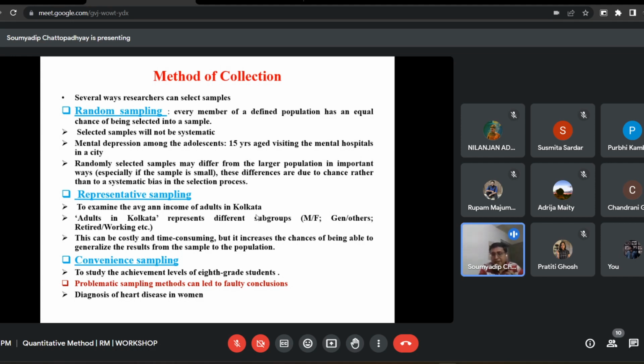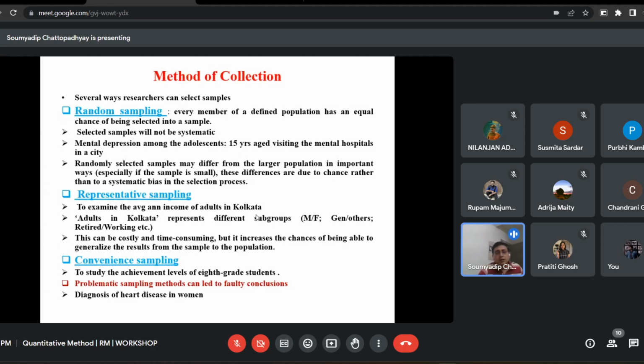Now, if that is the case, then the better your representative sampling scheme, the better the chance of getting good results. You will be able to generalize the results from your sample to the population in a much more efficient way.